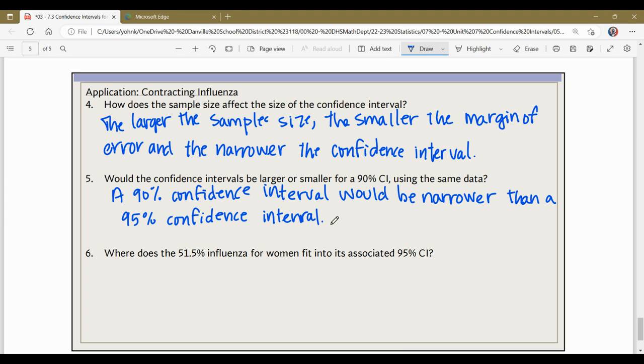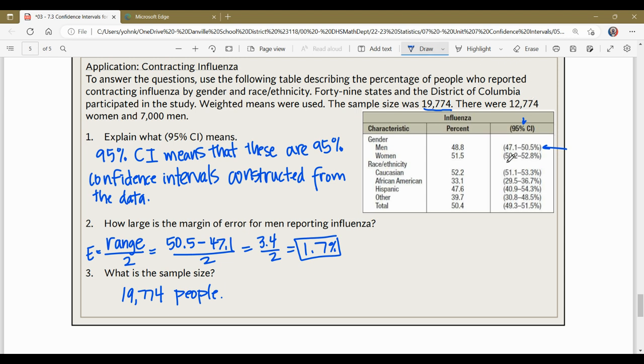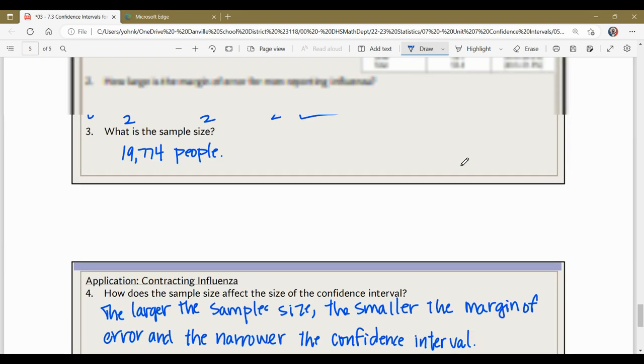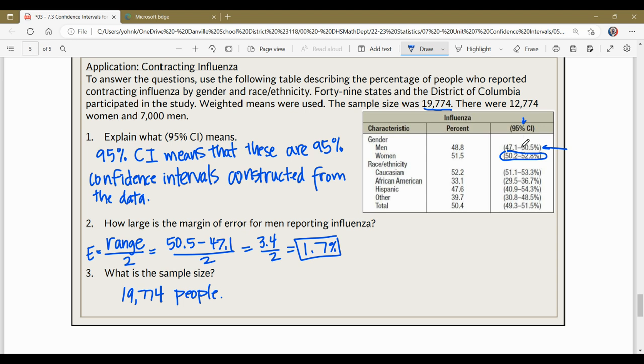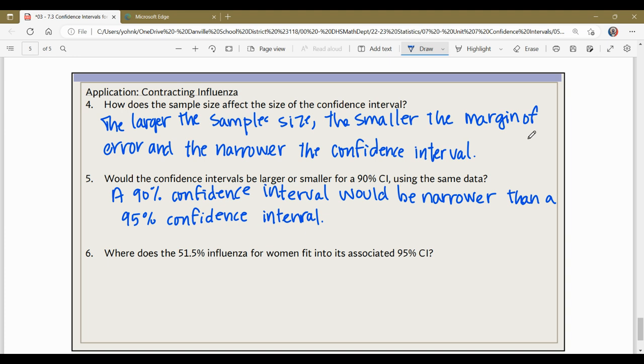All right, final question. Where does the 51.5% influenza for women fit into its associated 95% confidence interval? Well, let's look at the women confidence interval. Here is the women right here. So where does the 51.5% fit in? Well, it looks like the 51.5 is right in the middle. If we add those together and divide, we would get the exact middle.